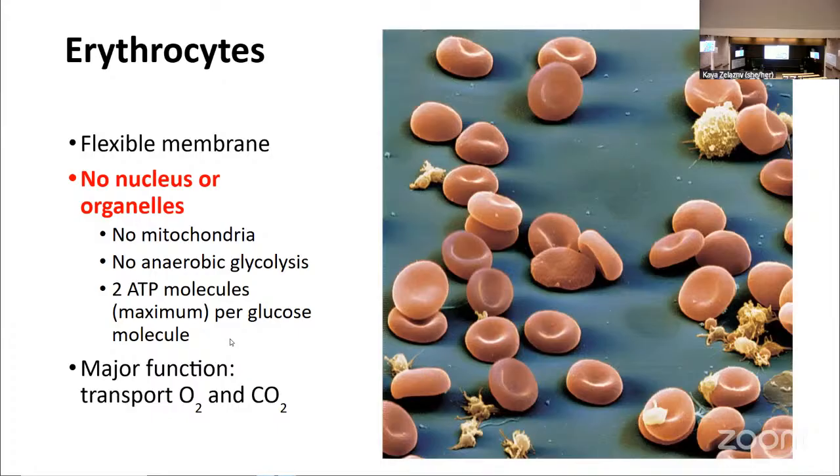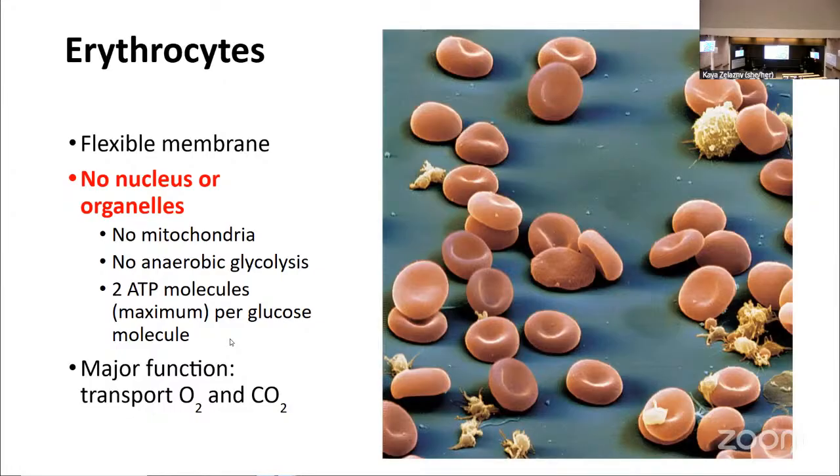This is because they lose their nucleus and their organelles along that differentiation pathway. So inside a red blood cell, you're not going to see all that much. You're not going to see mitochondria.